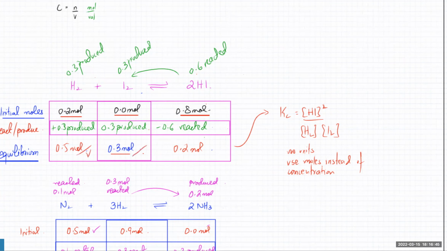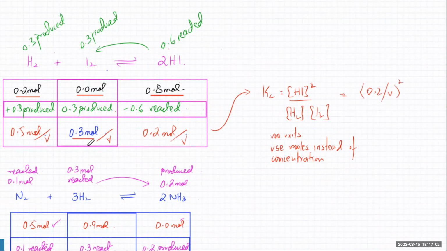So this one is 0.2 divided by V, and that's going to be squared. And then it's going to be divided by what? Divided by 0.5 divided by V, right? That is H2, and divided by I2, that's 0.3 divided by V.